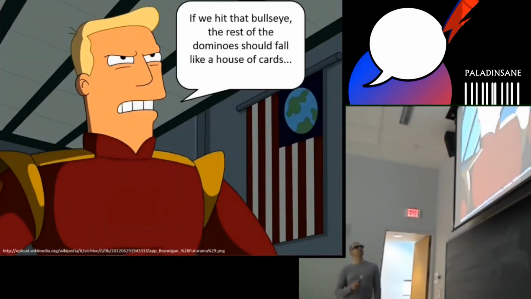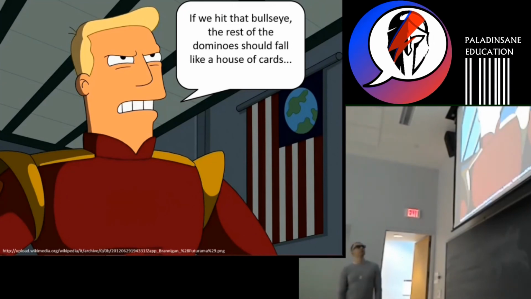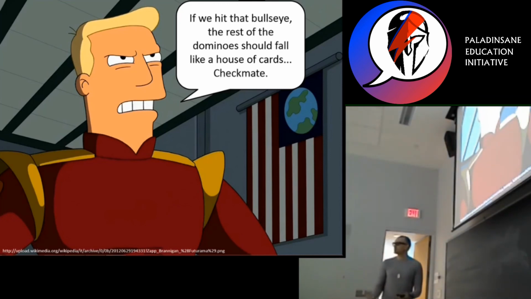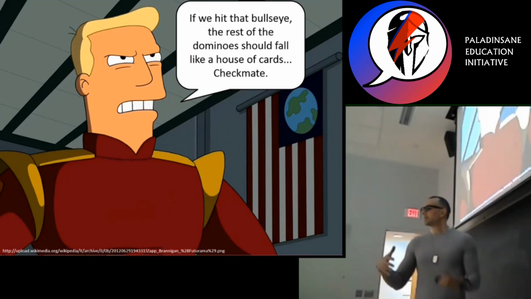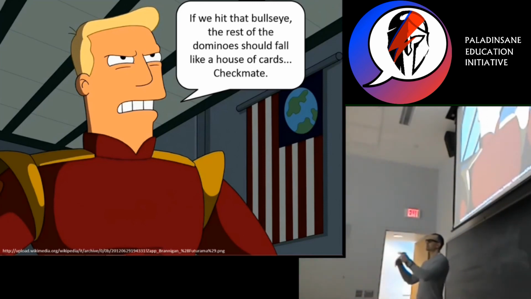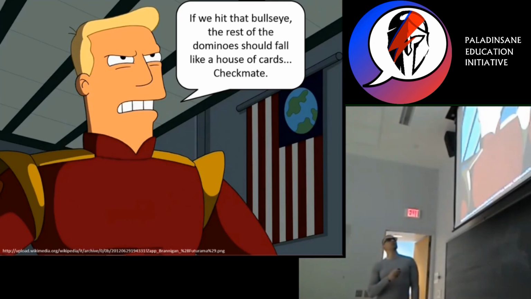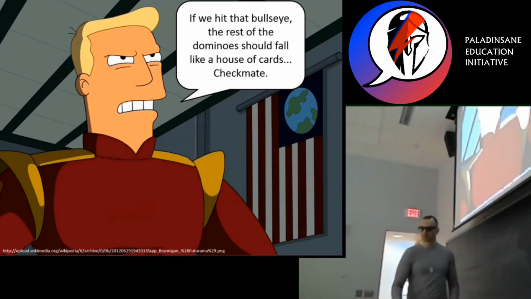We don't mix our metaphors, right? We don't say, if we hit that bullseye, the rest of the dominoes should fall like a house of cards. Checkmate, right? We don't say that. We don't string together multiple metaphors, because just the same way that it doesn't make sense visually, it also doesn't seem to make sense linguistically.